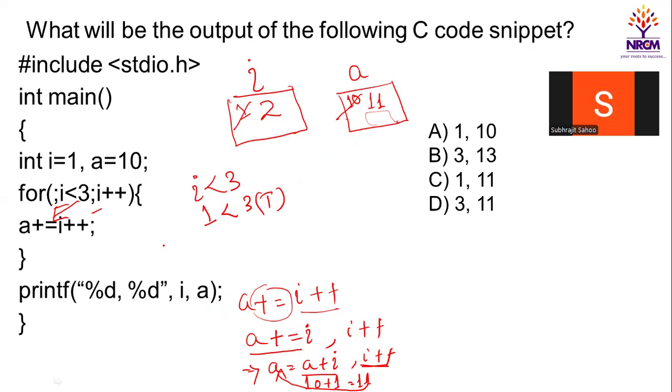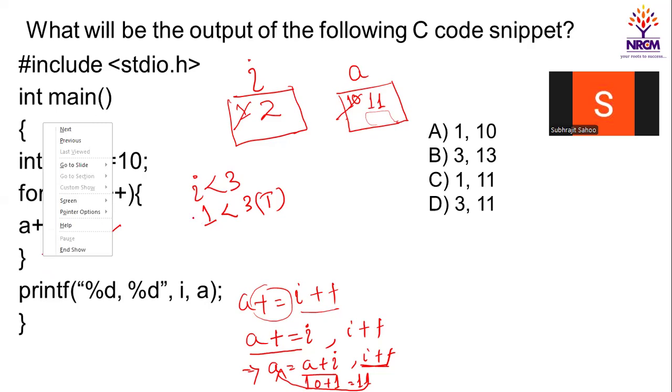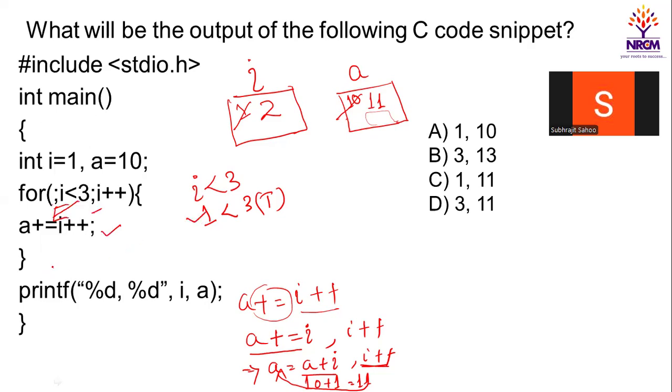Next, observe. After this statement, nothing is there. The for loop also ends here. But since the condition was true last time, the for loop will execute again. Which one? The updation statement. For loop updation, I plus plus. I plus plus means once again I will become 3. Then the condition will be checked again. I less than 3.